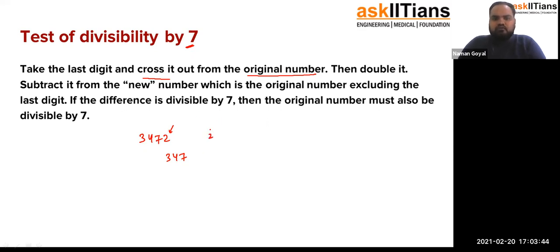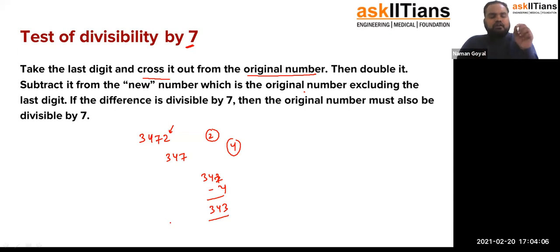Now we take 2 away. We have to double it. The double of 2 is 4. Now we have to subtract that 4 from the new number, which is the original number excluding the last digit. So 347 minus 4, we get 343. Now if 343 is divisible by 7, then we can say that the whole number is also divisible by 7.